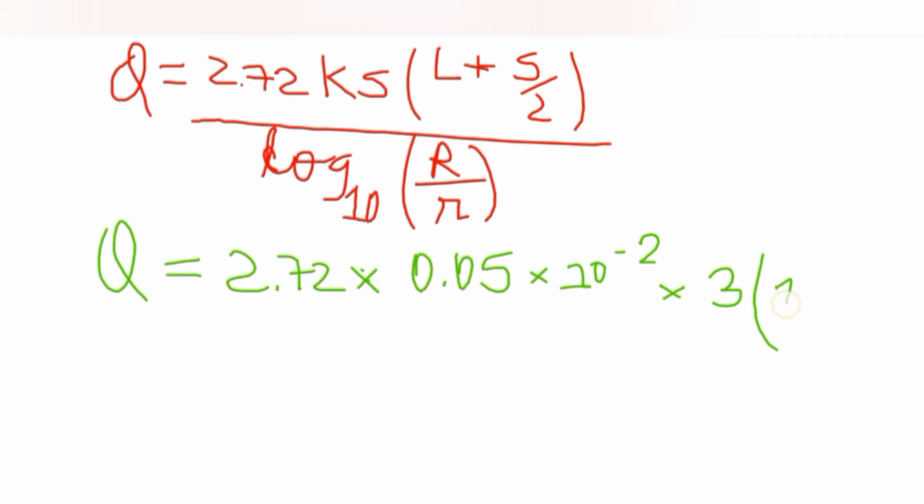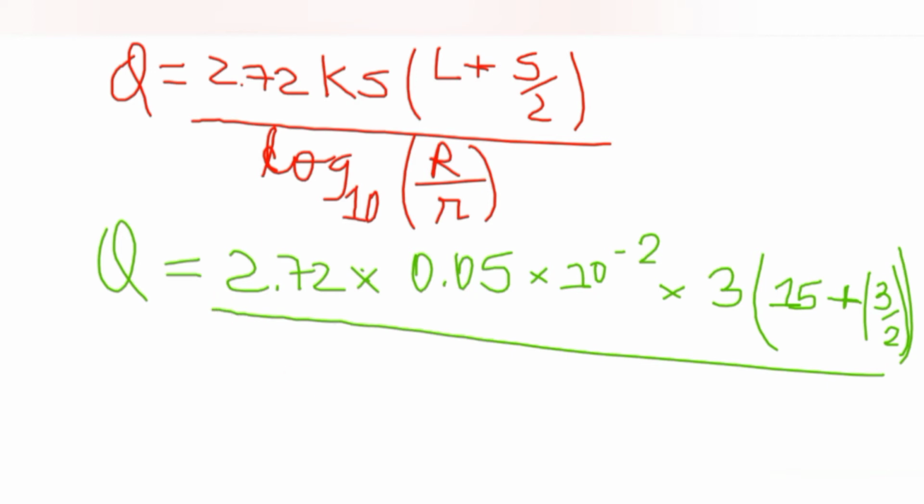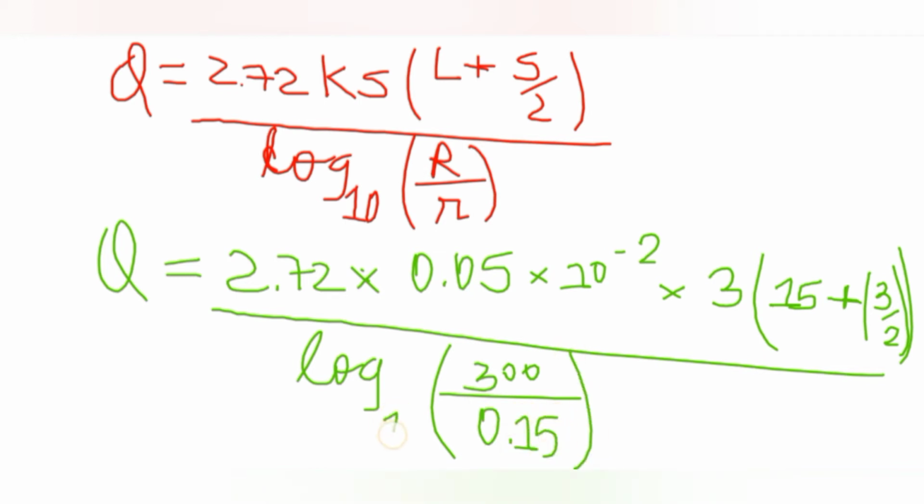Then L is 15 plus S by 2, so it will be 3 by 2, divided by log capital R, it is 300 meter, divided by R, it is 0.15 meter, and to the base 10.